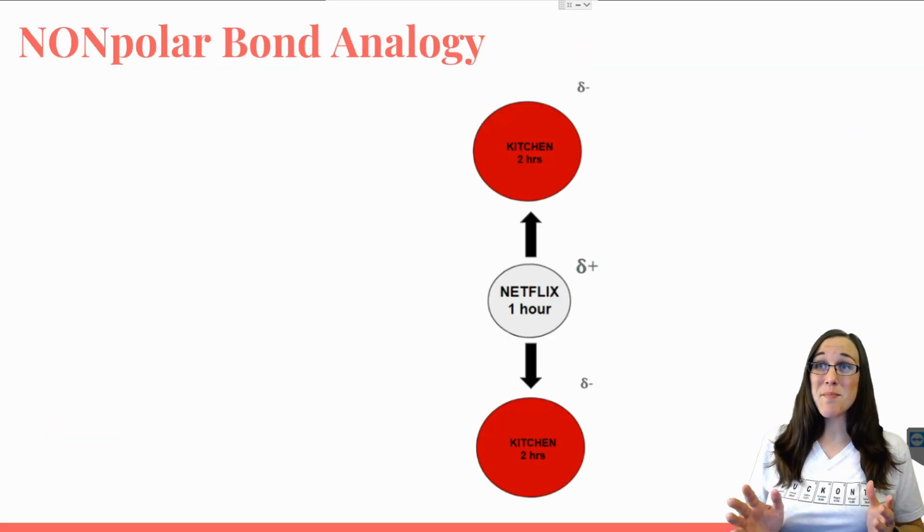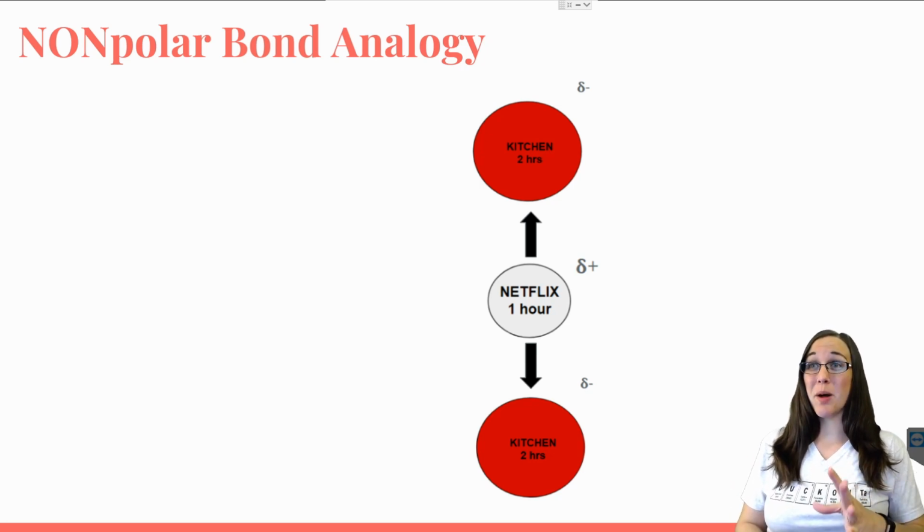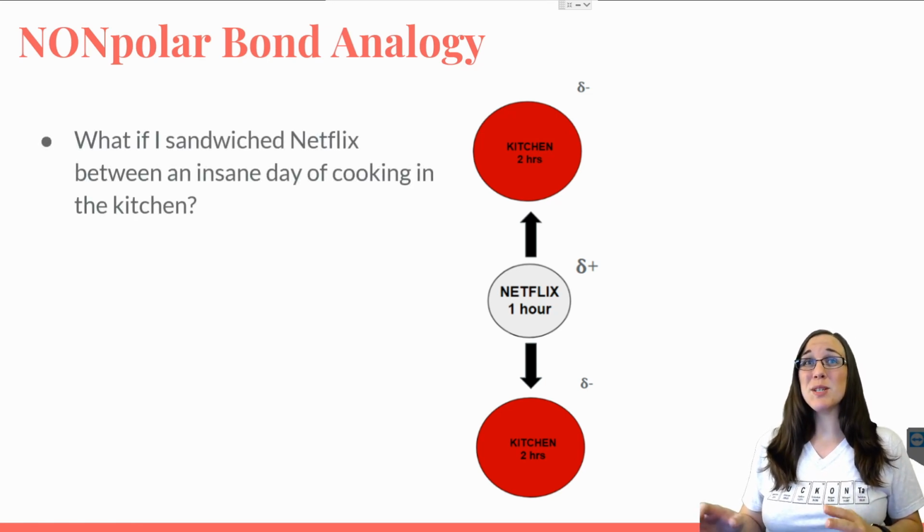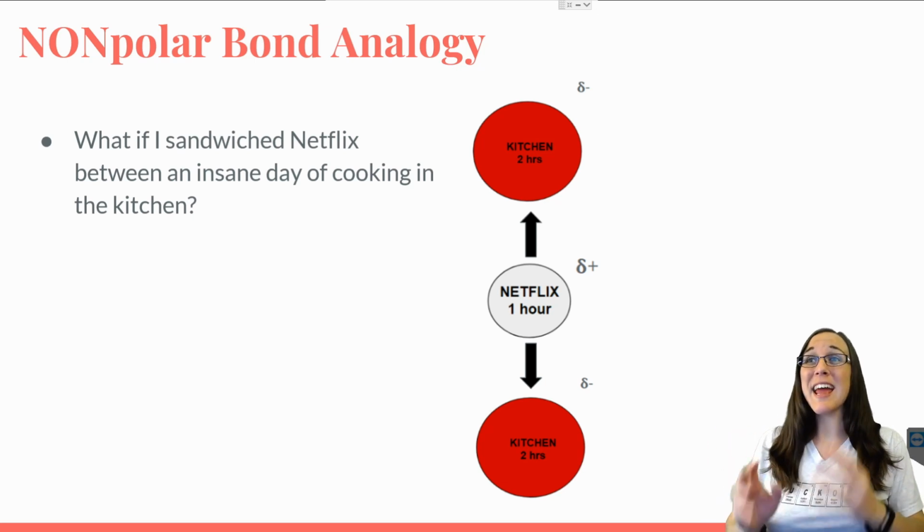All right, so let's come back to this analogy again. What about a nonpolar bond? How would that look in our analogy buildup? Basically, I want you to think about me trying to sandwich watching Netflix in between a whole planned day of cooking.